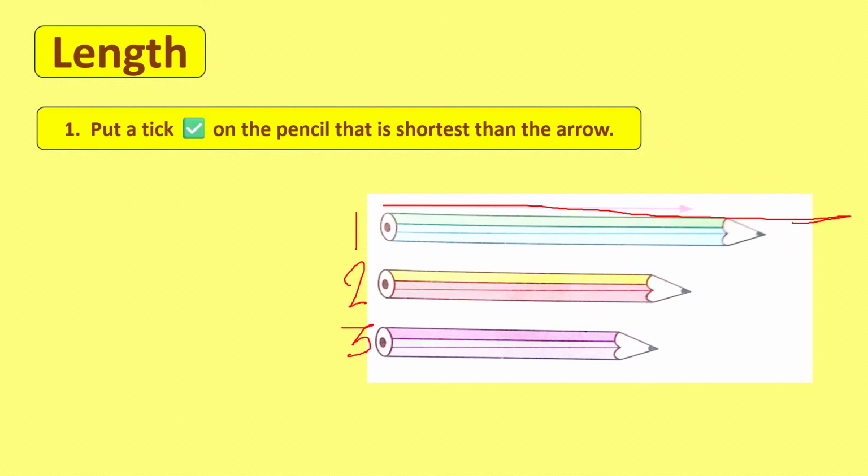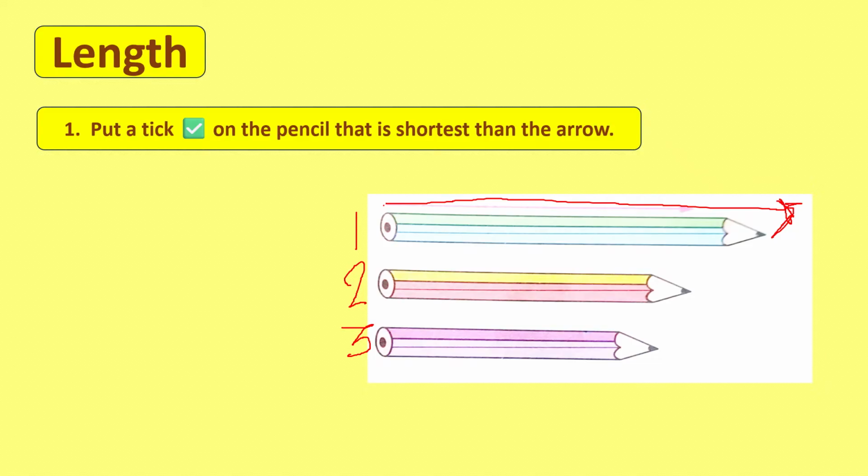Wait, I don't know why the highlighter moves faster than me. If we look at an arrow, draw an arrow from here, just suppose that. So which one is the shortest?